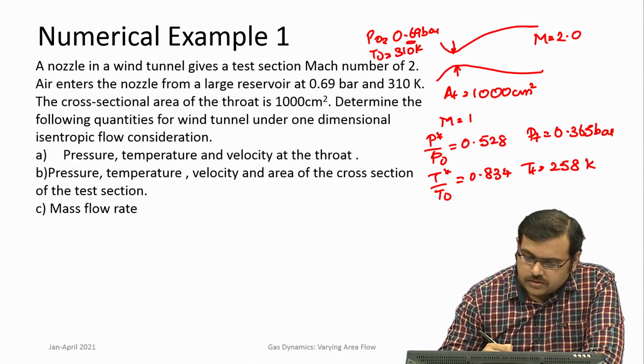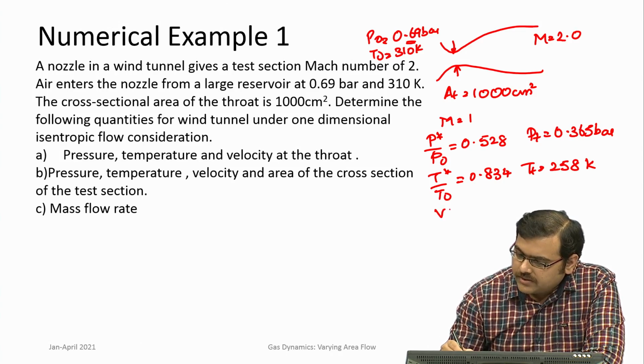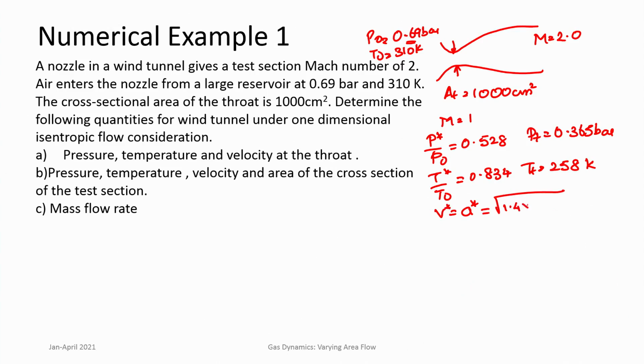And from this we can also calculate what is the velocity at the throat. Velocity at throat is equal to A star, that is speed of sound, Mach number is 1, square root of gamma RT, 1.4, 288, 258. Okay, multiplication, this is 323 meters per second. Okay.